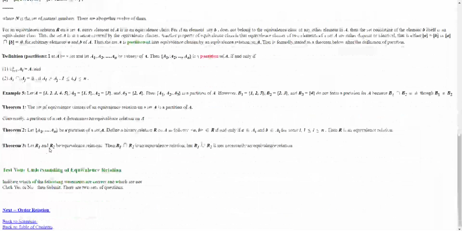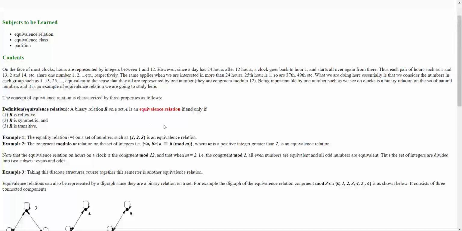So this guy's using congruent modulo, which is, I'm not sure how to pronounce this, congruent modulo. And we should study this in the next lesson, I guess. Alright then, see you soon.